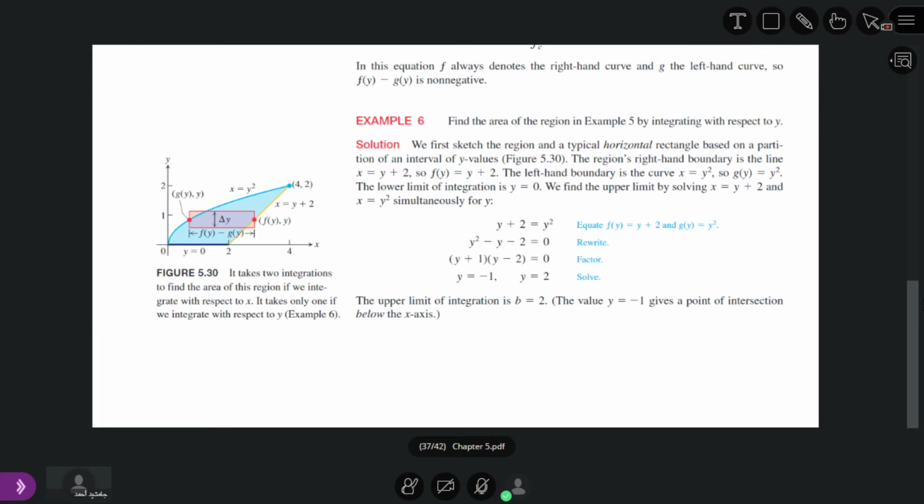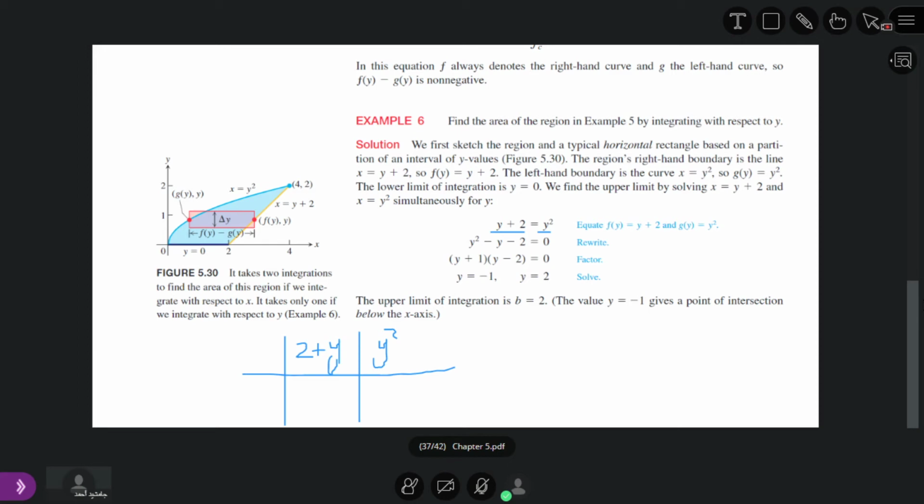So we have now the following. Here we have these two functions. Now we make a table and check which function is f of x and which is g of x. Here we have 2 plus y and y square.